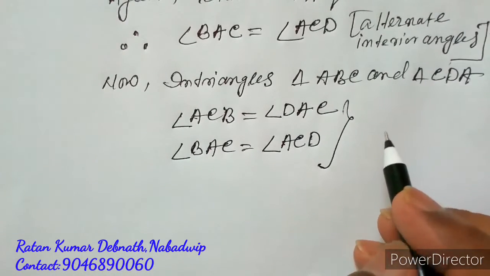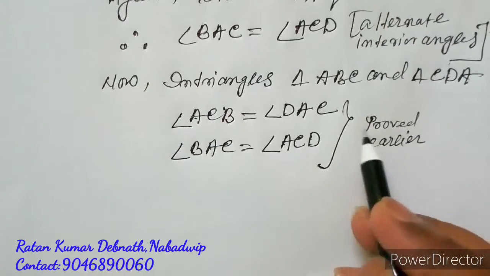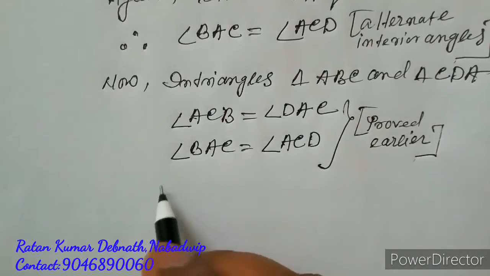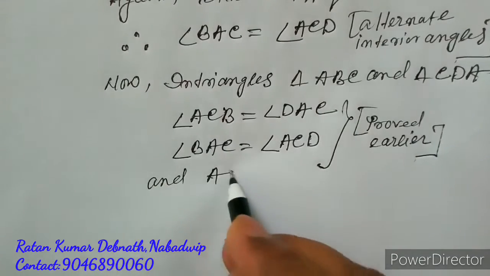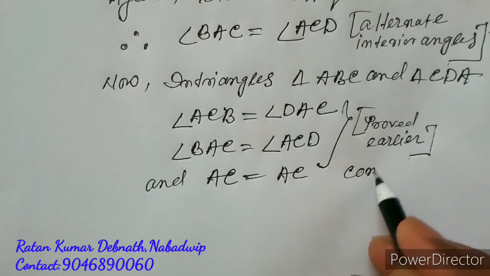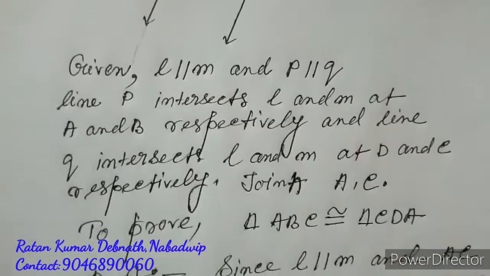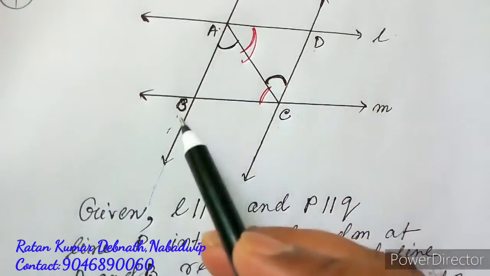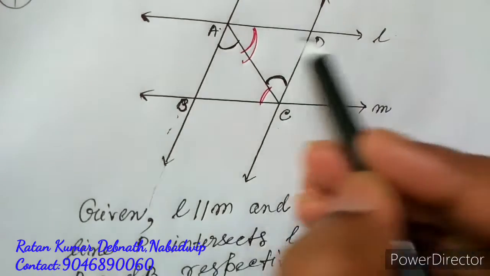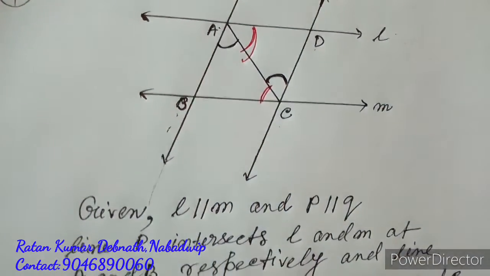I am writing within bracket, proved earlier. And AC equal to AC, common, because when we talk about triangle ABC, AC is required. When we talk about triangle CDA, AC is also required. So the side AC is common.